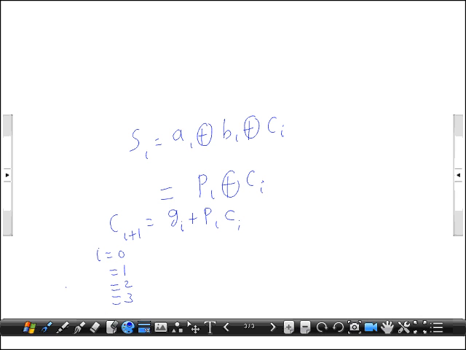That means the carry outs for each bit position will be C1 is equal to G0 plus P0 into C0, C2 will be G1 plus P1 into C1, C3 will be G2 plus P2 into C2, and finally C4 will be G3 plus P3 into C3.